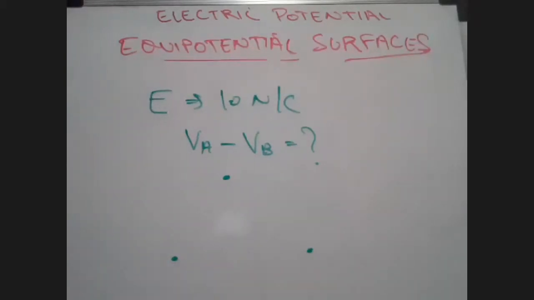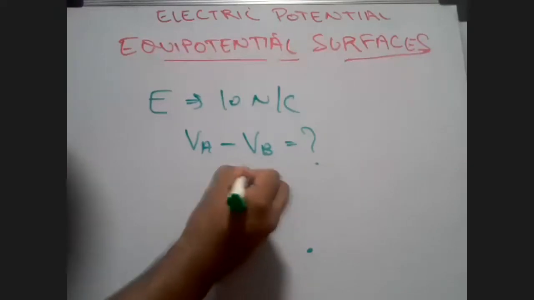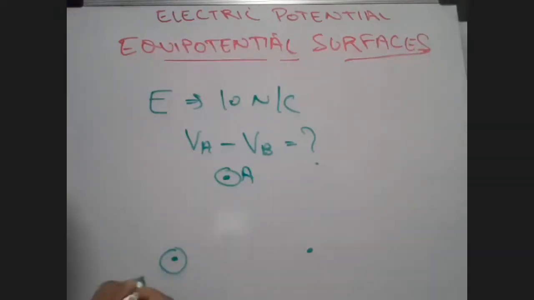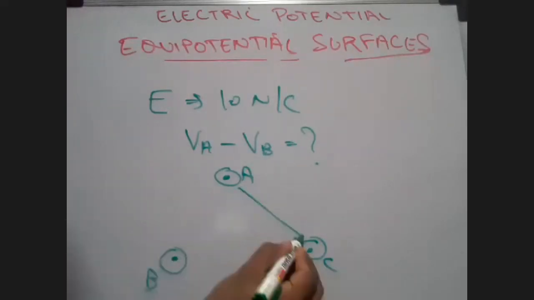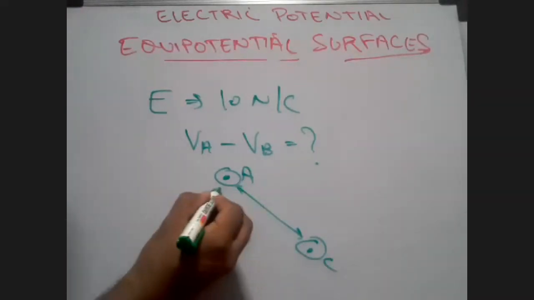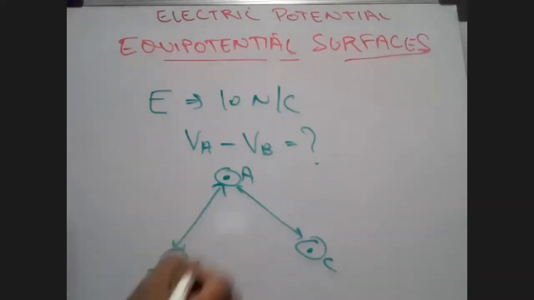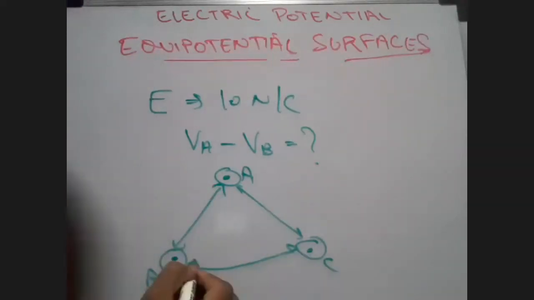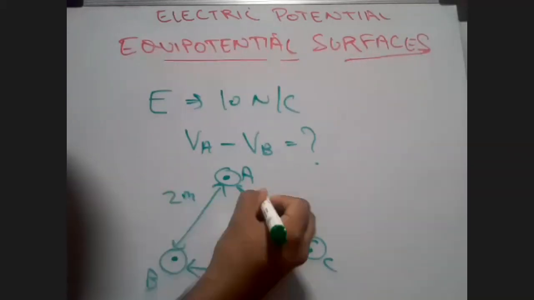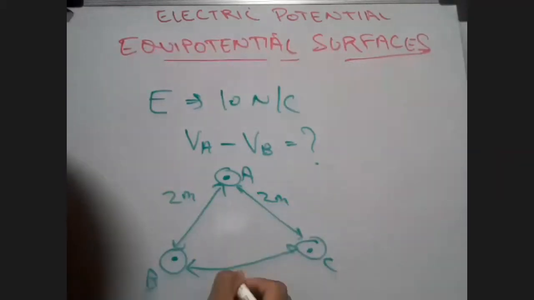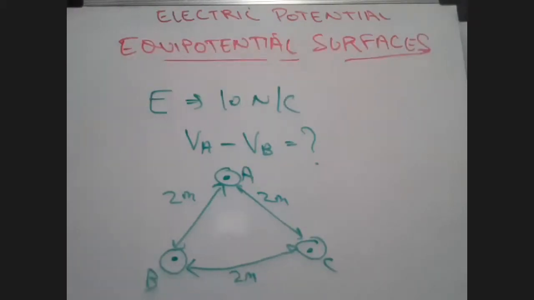There is a point A over here, a point B over here, and C over here. The distance between all of them is 2 meters, and the electric field lines are in this direction.